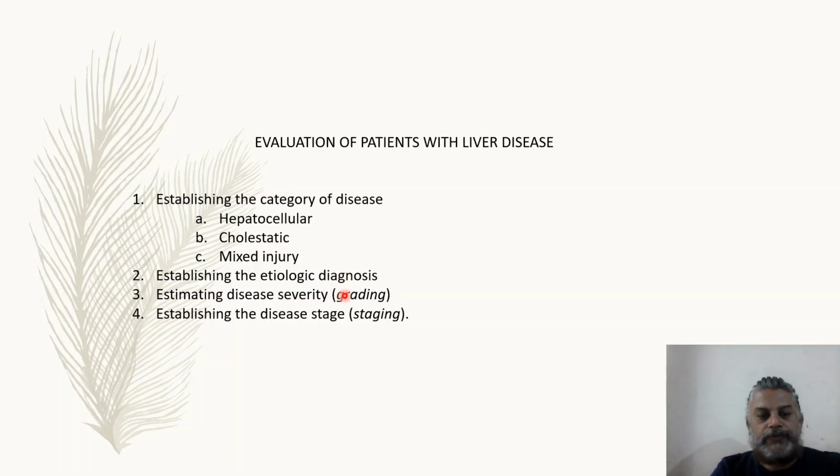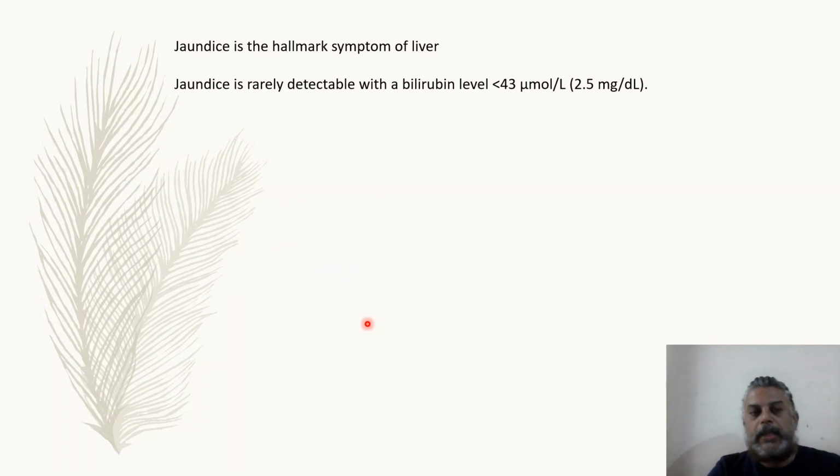Then we have to grade the severity, and in the severity we have to stage the disease accordingly for treatment purposes. In all liver disease, jaundice is the hallmark of liver symptoms, and it is usually not detected when it is less than 2.5 milligram percent.